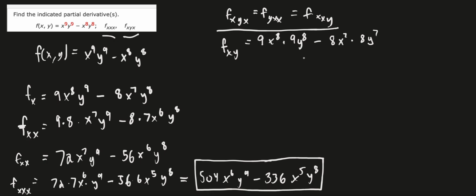That is accurate, I believe. Yeah, that's accurate. 81 x to the 8th y to the 8th minus 64 x to the 7th y to the 7th.